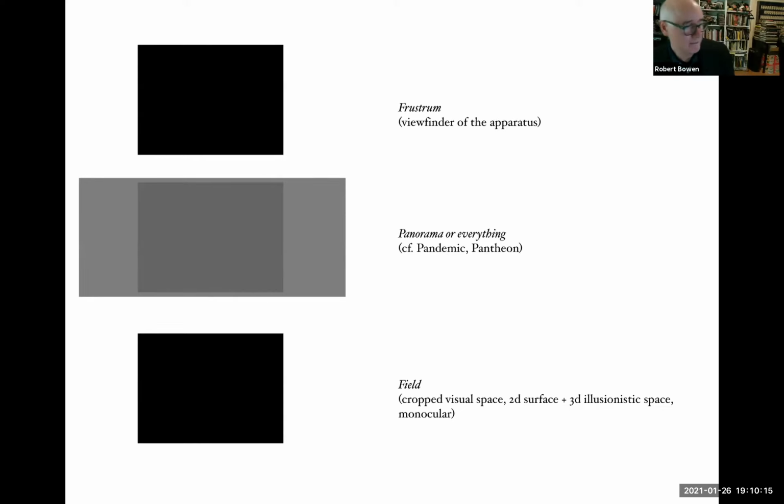The next one is a visual describing a panorama. The panoramic vision is the vision that's all around us.